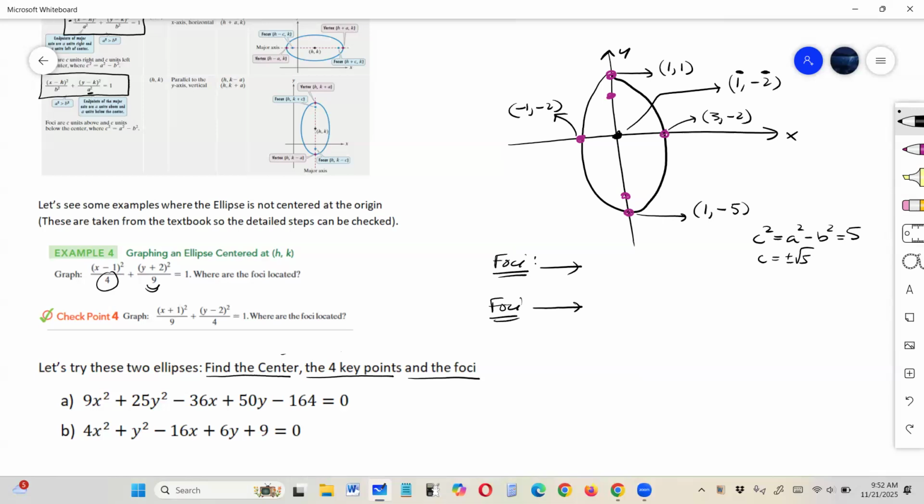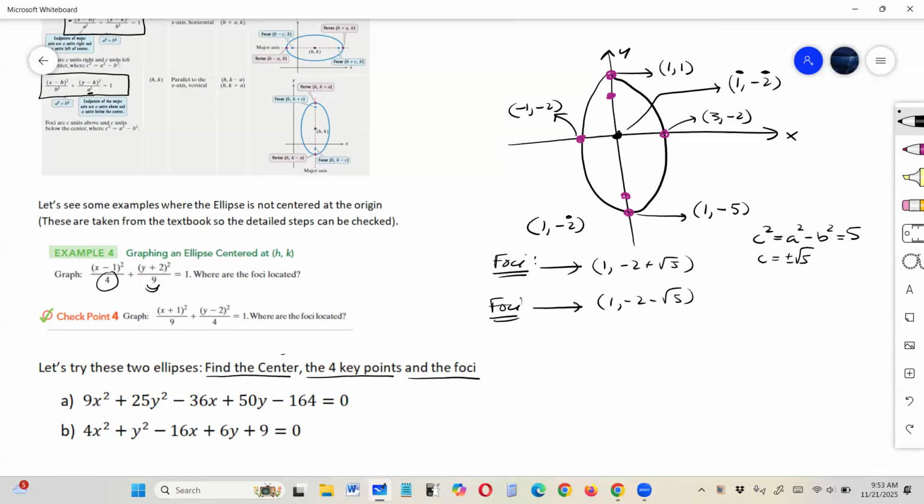Now, up and down is the y coordinate. So the one above, (1, -2 + radical 5), the one below, (1, -2 - radical 5). That's it. That's all we have to do. So we have to account for the fact that we're no longer at the origin.